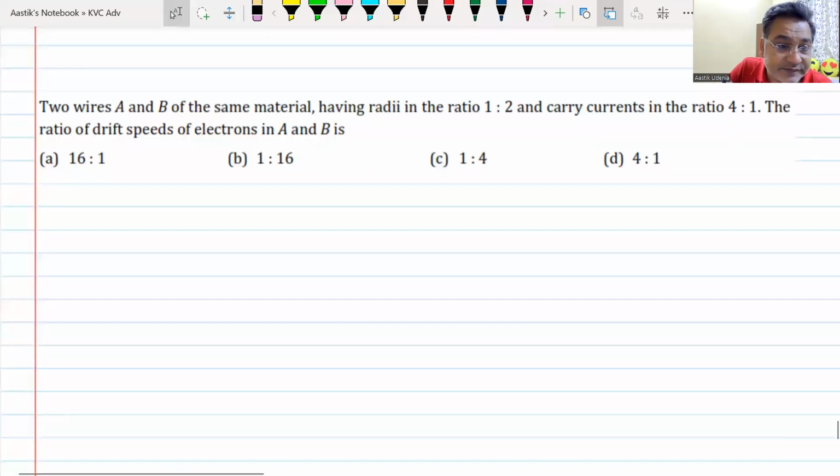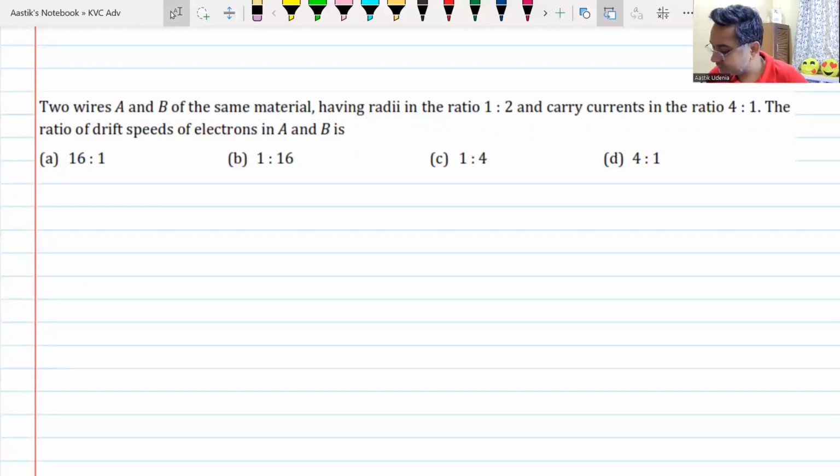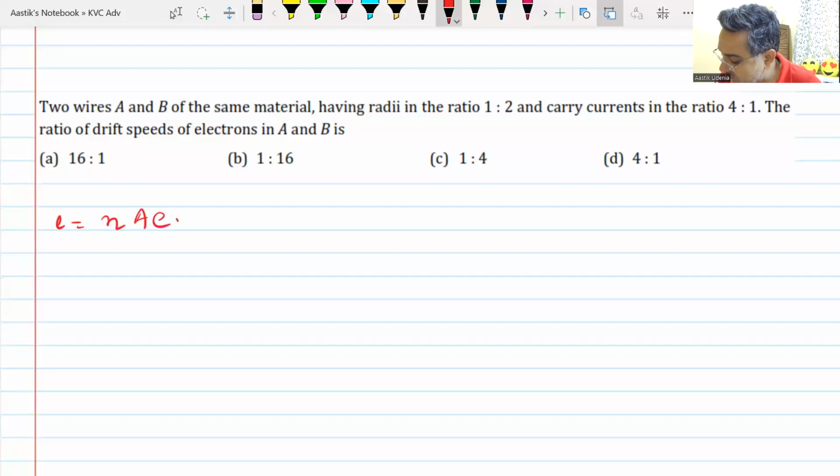you are done. Two wires A and B of the same material having radius in the ratio 1:2 carry current in the ratio 4:1. The ratio of drift speed is what? Option A. Again, this question will not have controversy. Same material, so E is same.